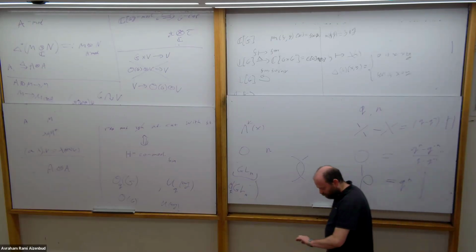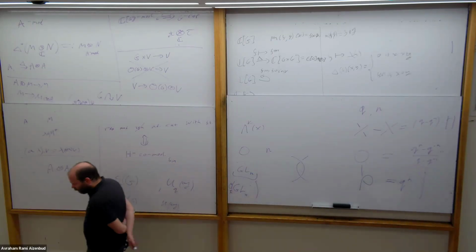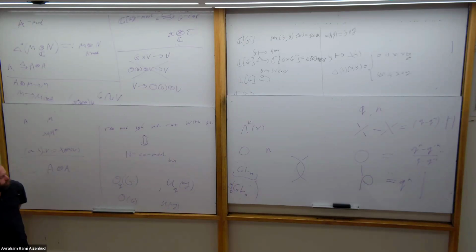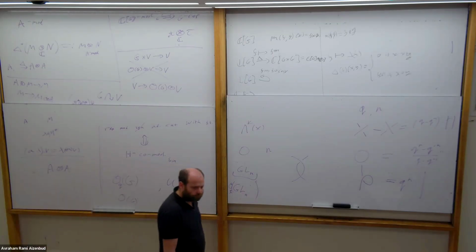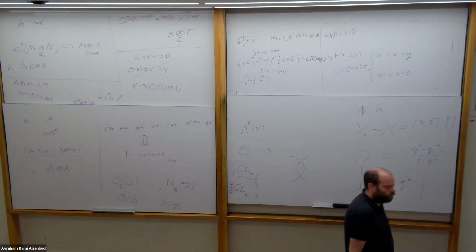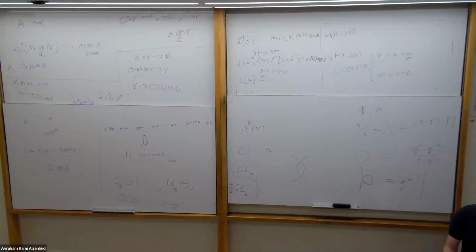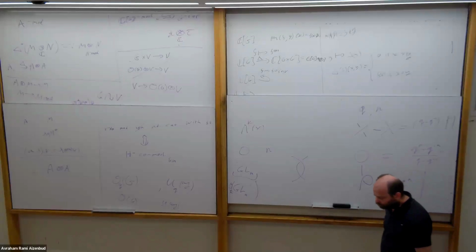So maybe the last thing I want to say about monoidal categories is that we did define the notion of product in any category. And if a category has a product, then this product gives you a monoidal structure. And such a monoidal category is called a Cartesian monoidal category.